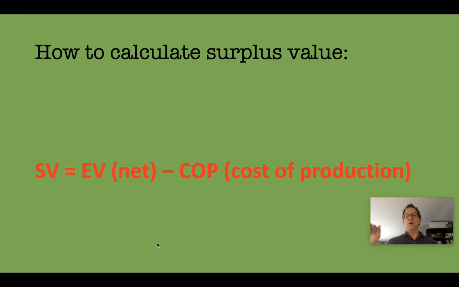has to reduce the cost of production as much as possible to generate surplus value.